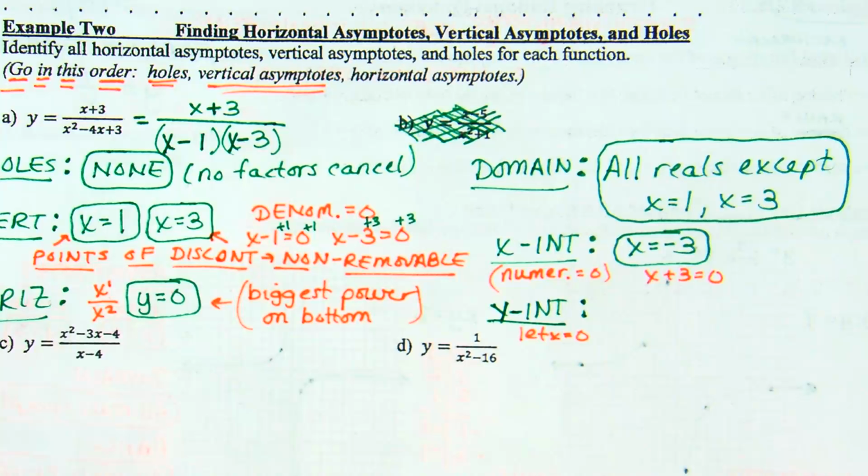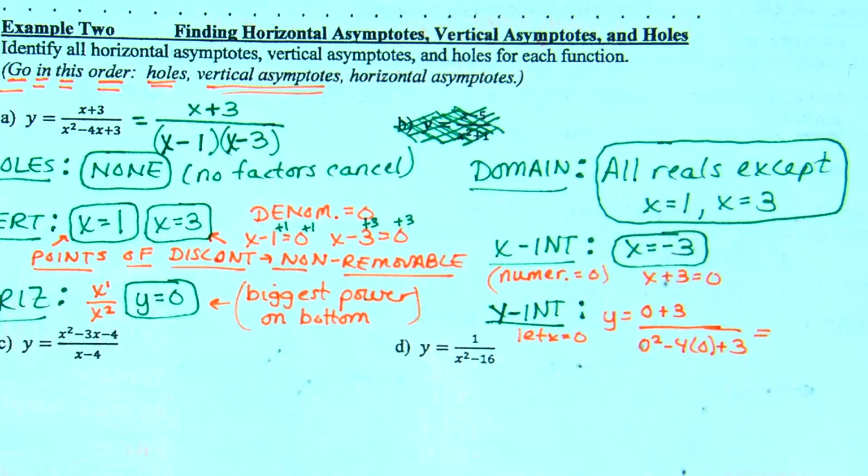So your choice, which you use, if I use my original, instead of x plus 3, I'm going to say 0 plus 3 over 0 squared minus 4 times 0 plus 3. If you'd prefer to use the factored version, you're just putting in 0 for each of the x's.